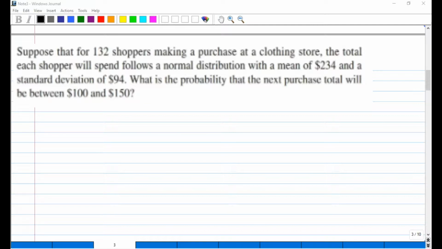All right, so now from that problem, I want you to write down the mean and the standard deviation.